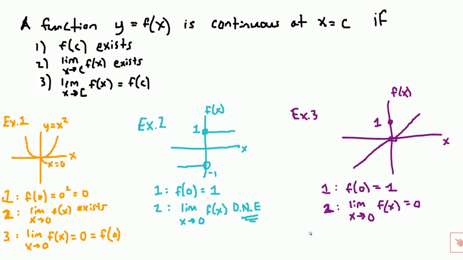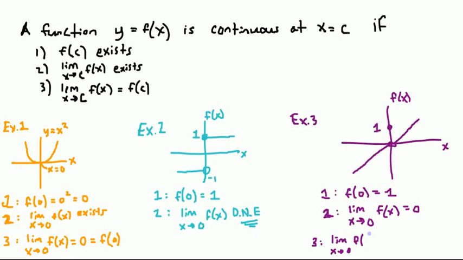How about the third, though? Now we need to check to see if the limit as x approaches 0 of f of x is equal to f of 0. Well, the limit as x approaches 0 of f of x is equal to 0. However, f of 0 is equal to 1.